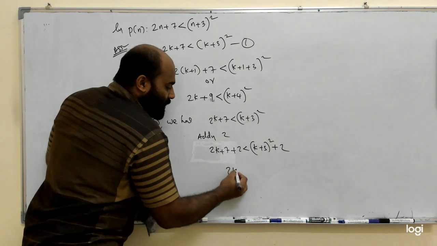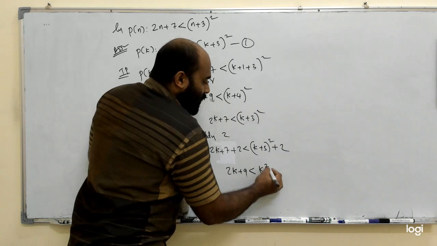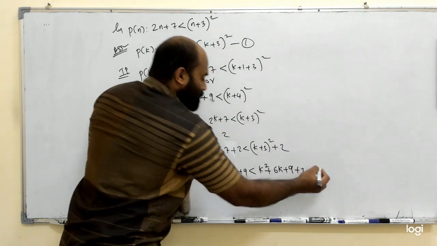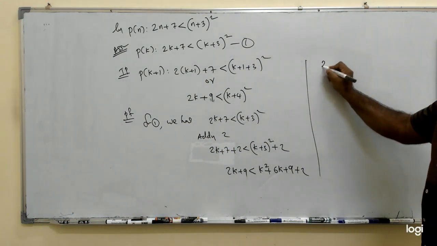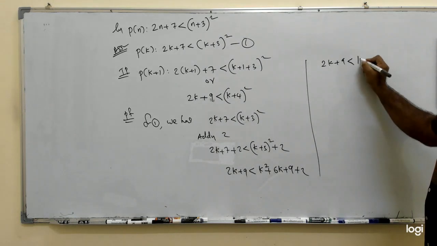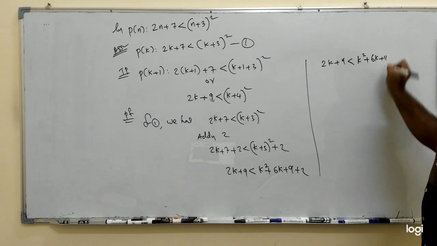So this is 2k plus 9 less than k square plus 6k plus 9 plus 2. So you can see 2k plus 9 less than k square plus 6k plus 11.